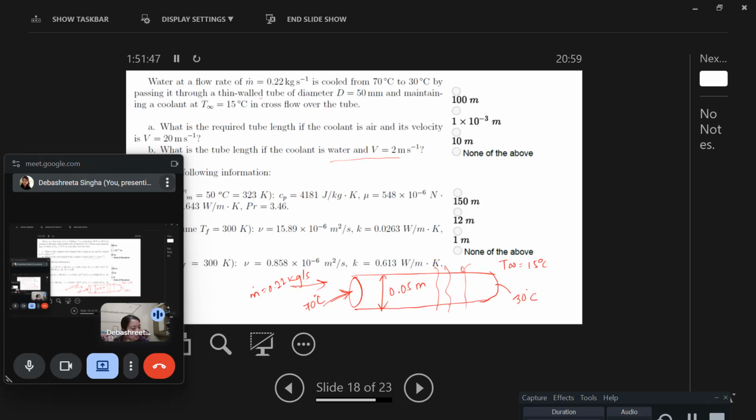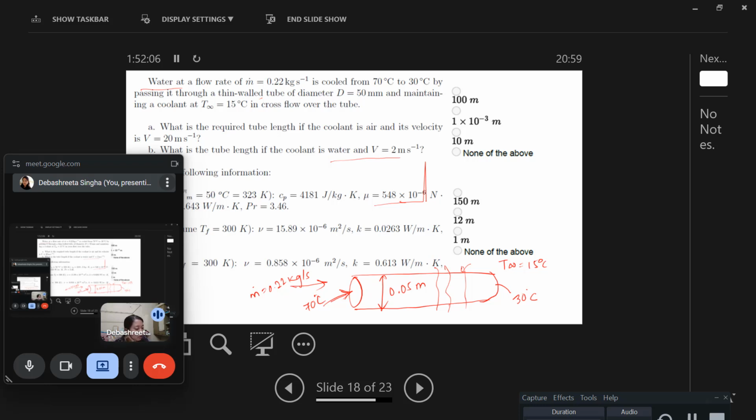The inside fluid is water, so for water it is 548 into 10 to the power minus 6 Newton second per meter square.